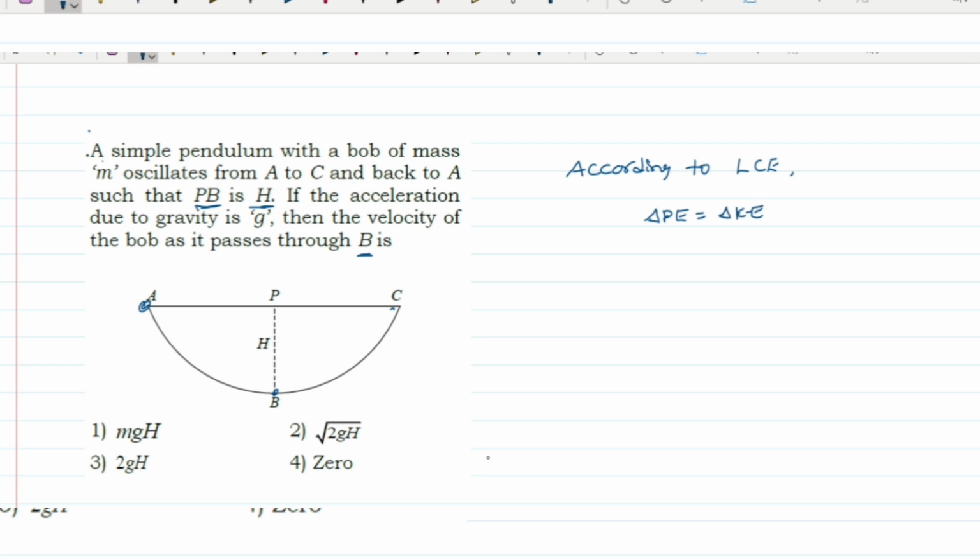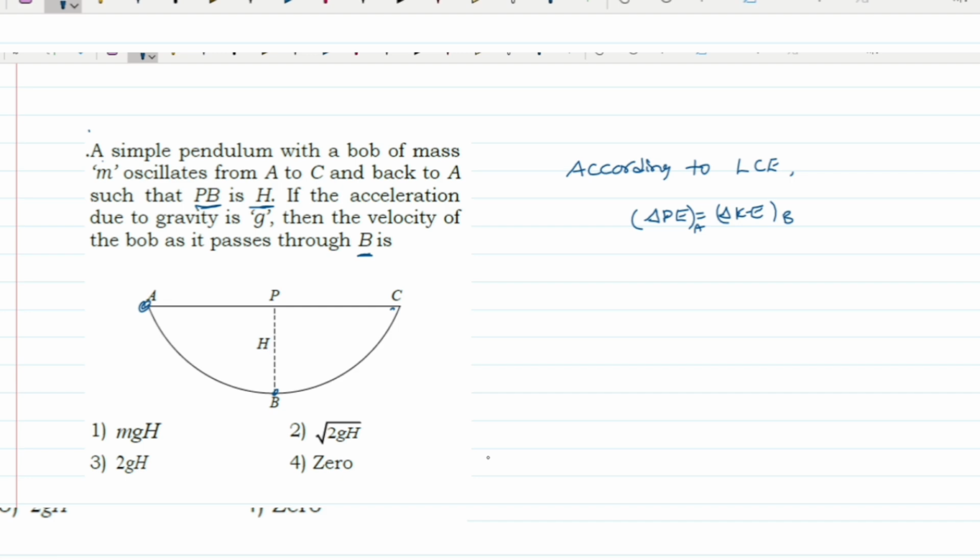Or, the potential energy at the point A is converted into the energy at the point B. Potential energy at the point A, you can take here, or else at the point B.